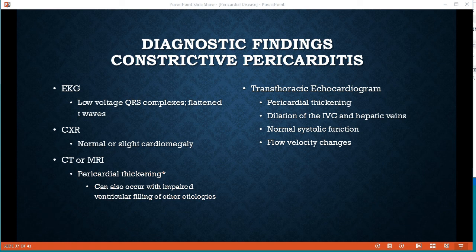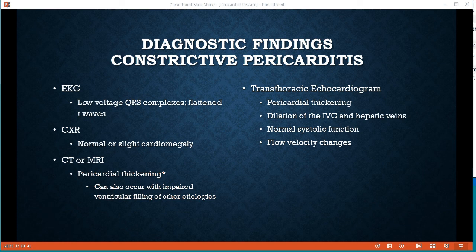So when diagnosing constrictive pericarditis, there's a few different tests that you can perform that may help you delineate whether this is a constrictive issue versus a non-constrictive pericarditis. If you get an EKG, you're going to find low voltage QRS complexes.